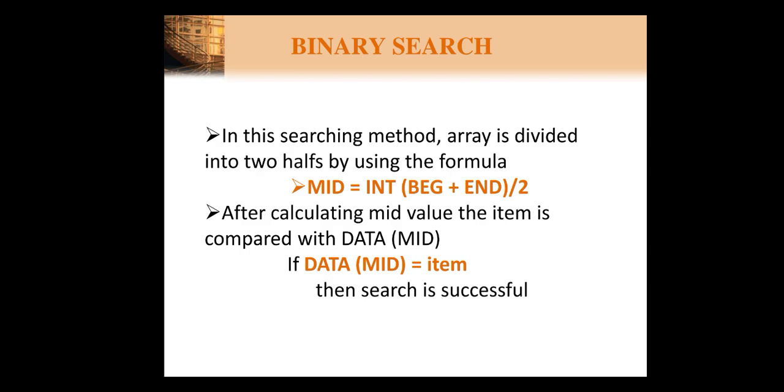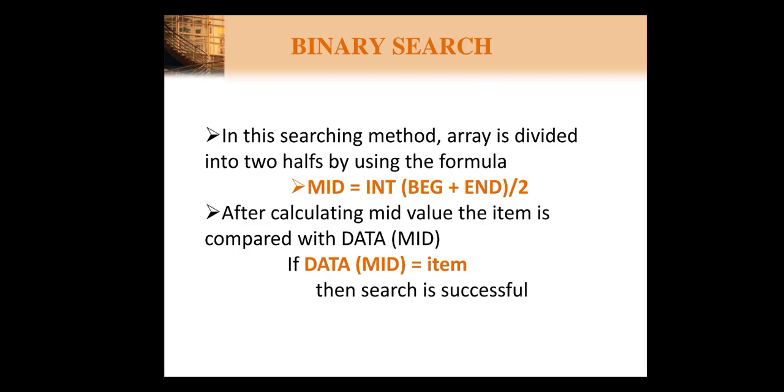Now after calculating this mid value, once you have divided the array into two halves, you need to compare the given element with that mid value. Whatever mid position you get of that array, you compare that mid value of your array with the given data item and check whether the data of mid is equal to your atom.